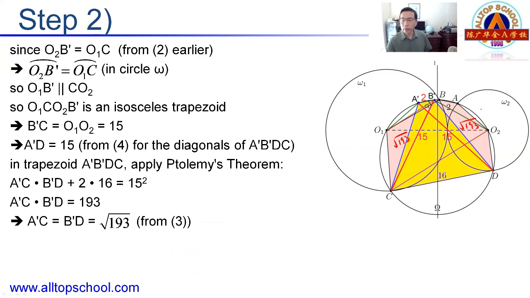Diagonal 15, the leg is the square root of 193. And then suddenly from here, we can directly calculate the height of this trapezoid, because all of its sides and legs are calculated. We certainly can, for example, use the Pythagorean theorem to find the height.